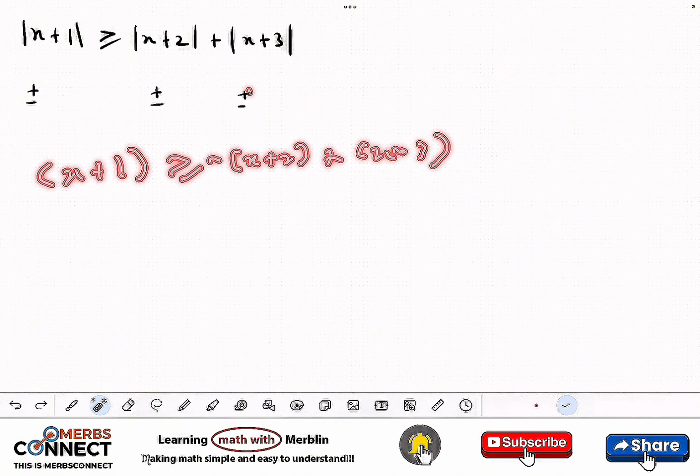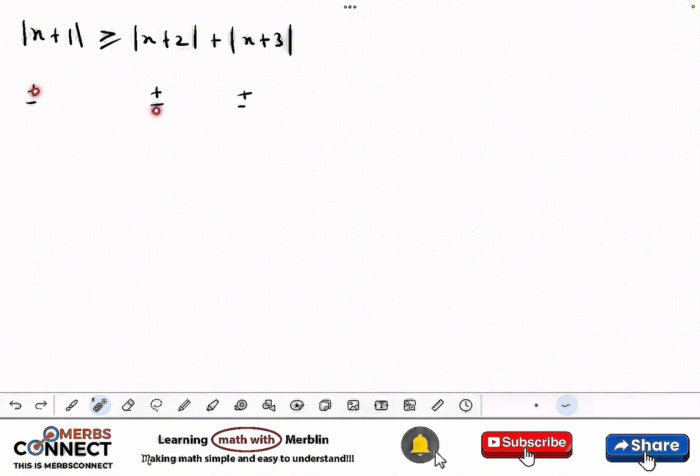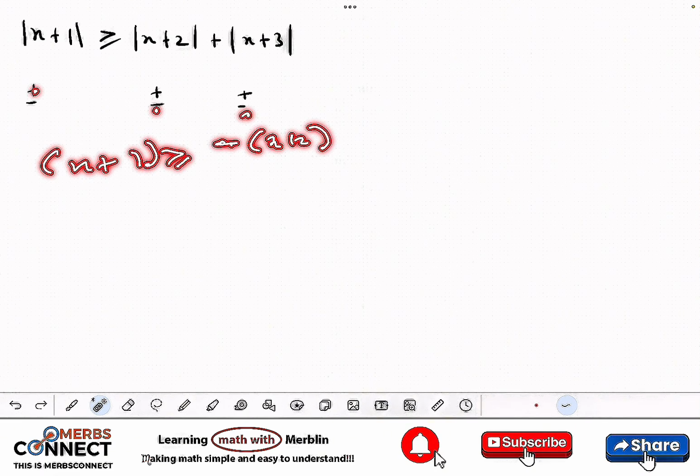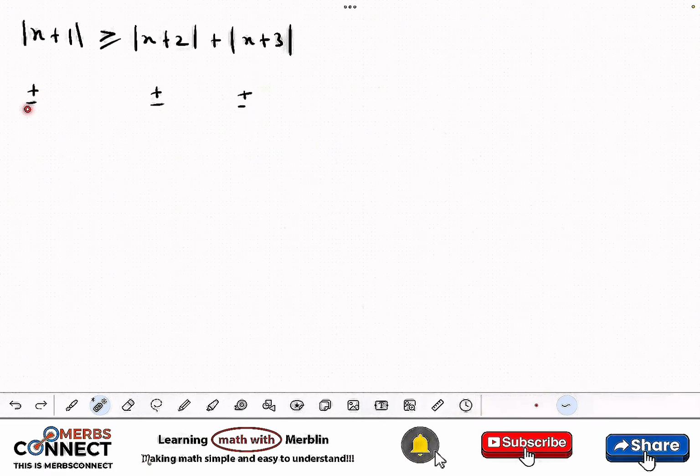Then positive, negative, negative, and so on through the remaining combinations. This is what you would do when you want to change to plus or minus.